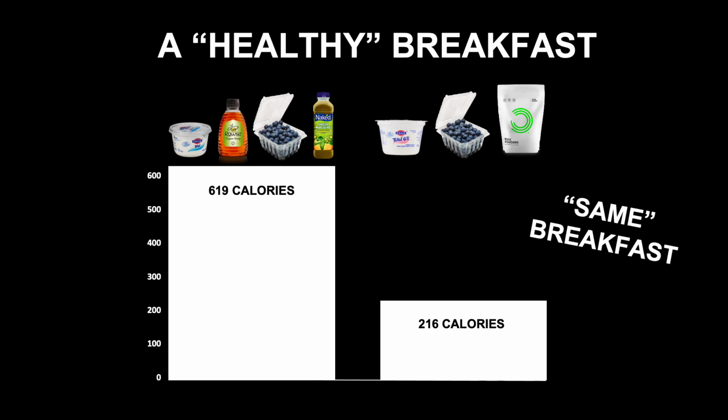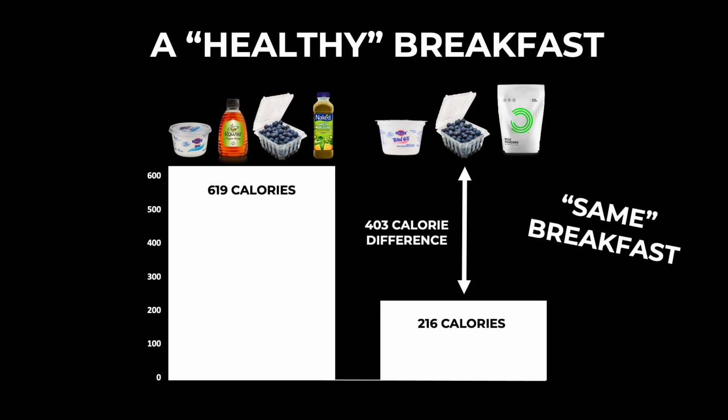So the relatively same breakfast, that means there's now 403 calorie difference between these breakfasts. That's how calorie density can actually affect your calorie intake. So these are pretty much the same breakfast in terms of the amount of food, but the calorie difference is massive.